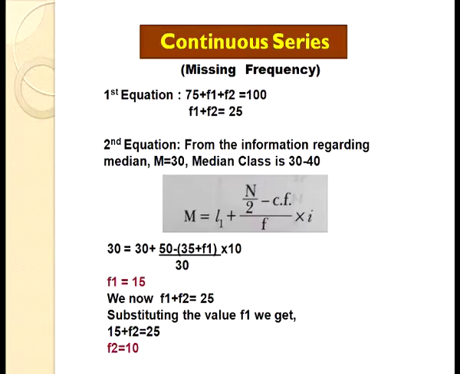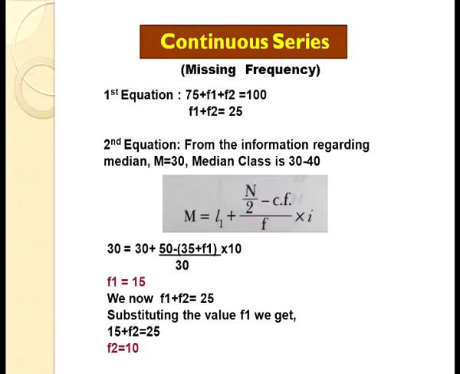Now, we will write the formula for the median. We know the median formula: M is equal to L plus n by 2 minus Cf upon f into i. The median value is already given to us, so we substitute that value, 30. The lower limit is 30 because the median class is 30 to 40.